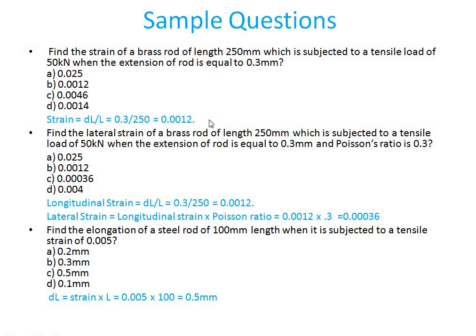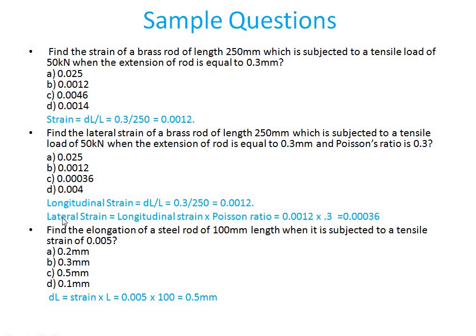Now how can I make this problem more complicated? In the same problem, instead of asking for the strain, I ask for the lateral strain. For finding the lateral strain, I am giving one more value, the Poisson's ratio. As before, you have to find the strain and then use this relation: Poisson's ratio is equal to lateral strain by longitudinal strain.